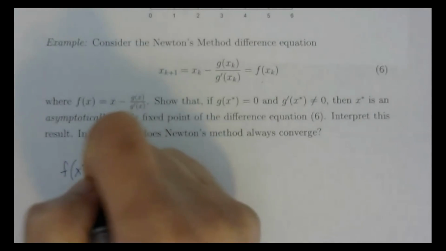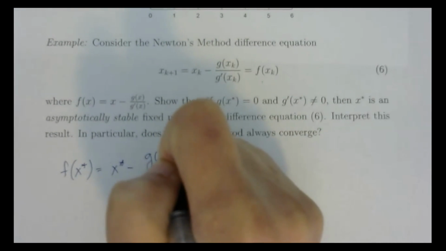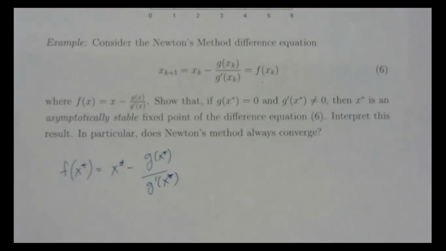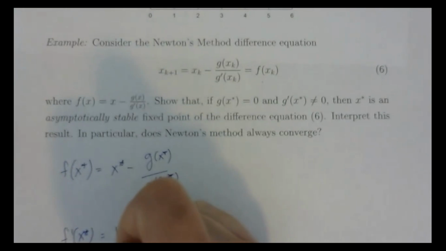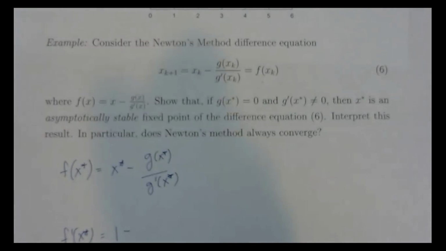So f at x star is x star minus g at x star over g prime at x star, right? And then if I take the derivative of this with respect to x and then plug in x star again, which I'll just do all in one step. So f prime at x star, the derivative of x is 1, minus, we can think of this like the quotient rule.